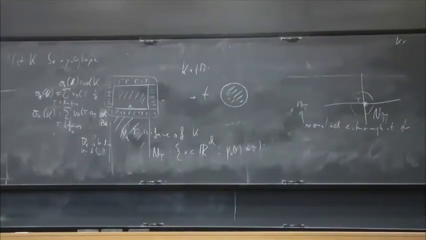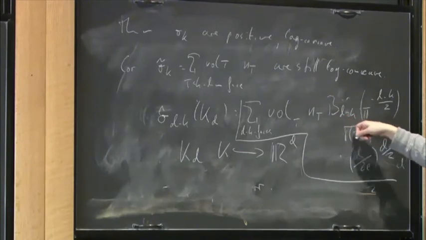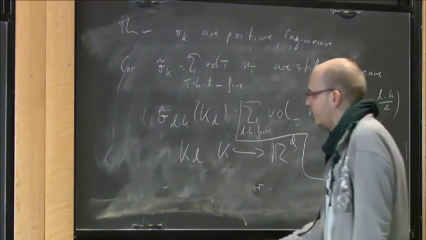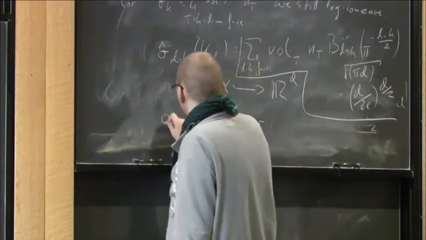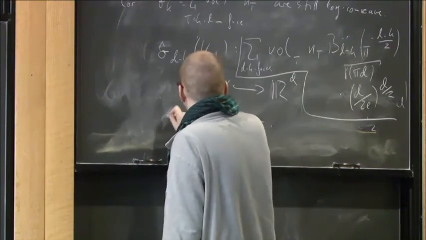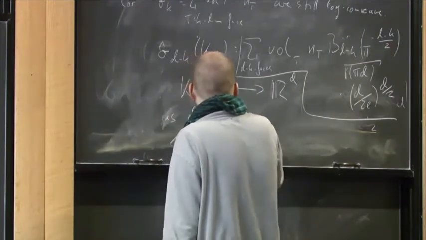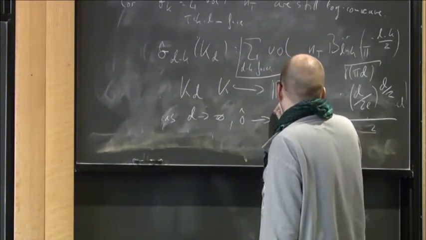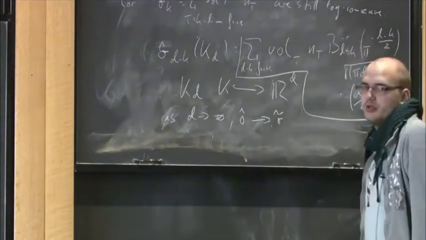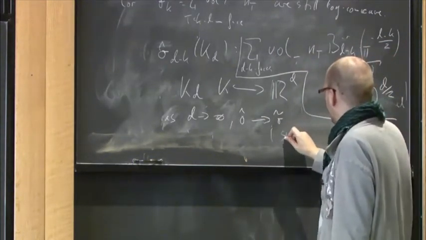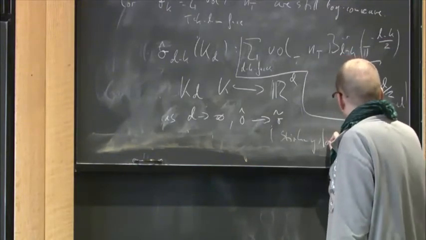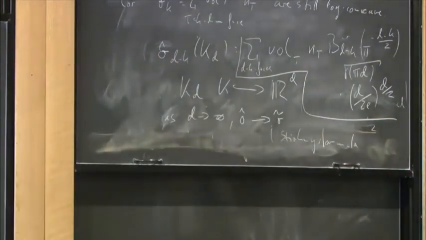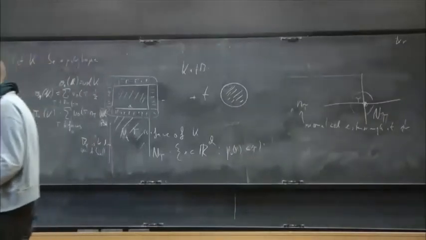Why? Well, I multiplied my original log-concave sequence just with an exponential term, which preserves log-concavity, and with a constant term, which also preserves log-concavity. So now I claim that as d goes to infinity, these terms sigma hat converge to the term sigma tilde, and this is just Stirling's formula.